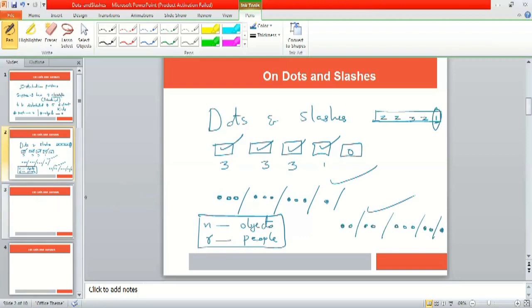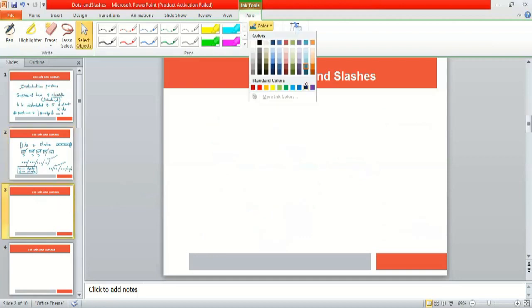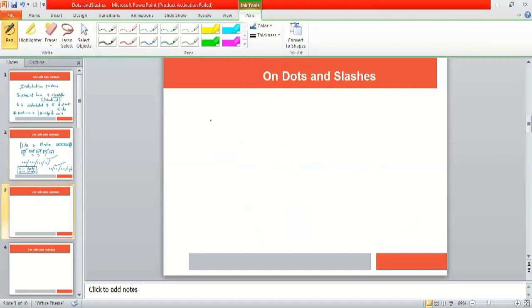I would now want you all to understand that this representation can be understood in this way. Let's say I want to make a string with these 2 symbols, dots and slashes. Let's make a variation of that. Dots could be represented as zeros and slashes as ones.